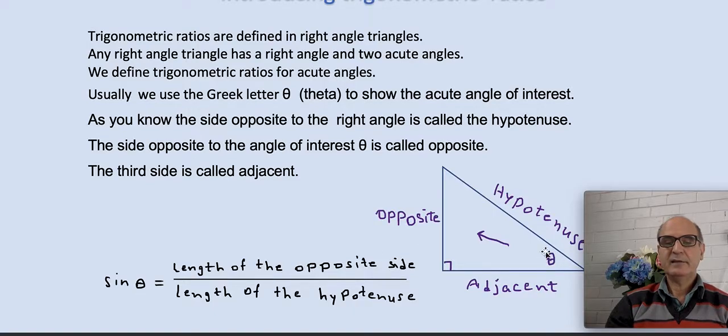But what sine means is a fraction or a ratio where the top number is the length of your opposite side and the bottom number is the length of your hypotenuse.